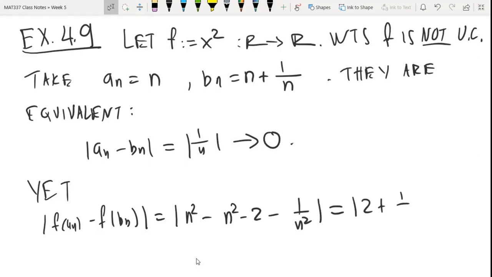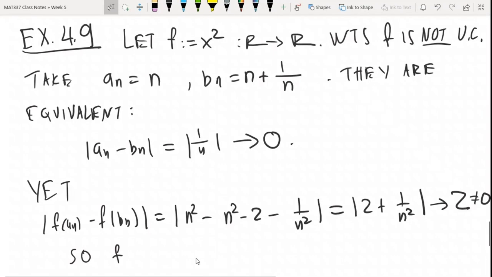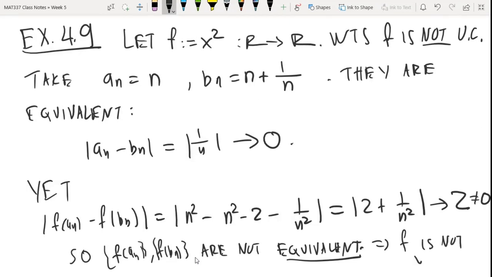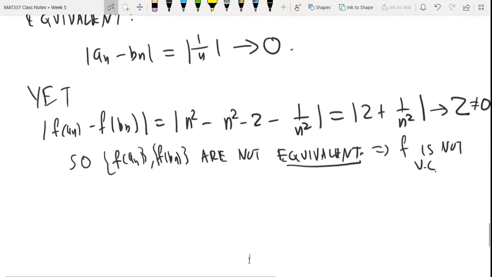So you get 2 plus 1 over n squared, which goes to 2. So it's not 0. So f of an and f of bn are not equivalent. So f is not UC. So you see, this is very convenient. We didn't have to use any epsilon delta. So this is a very nice criterion.